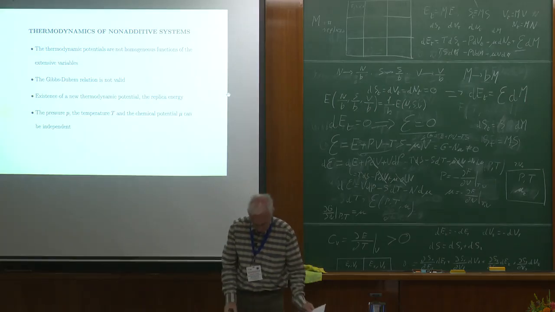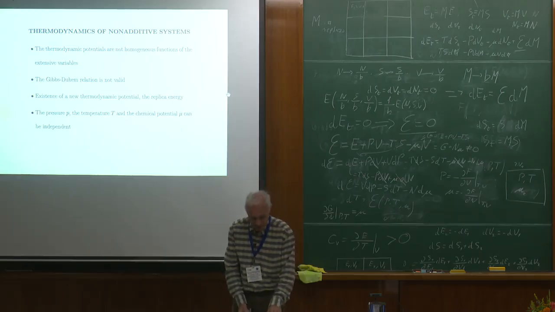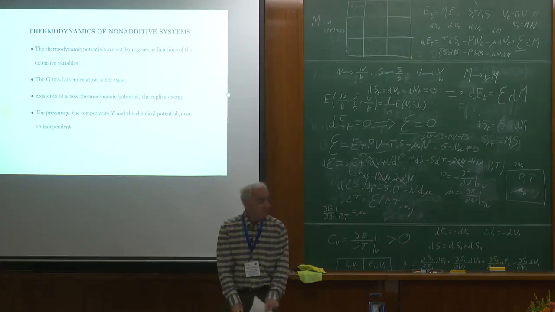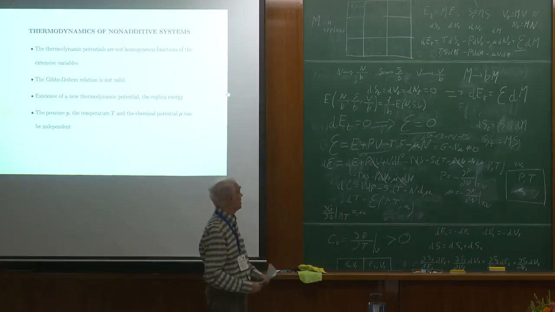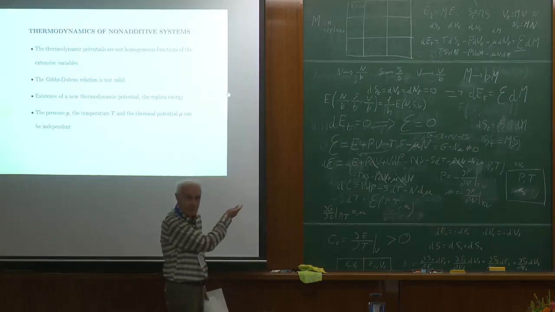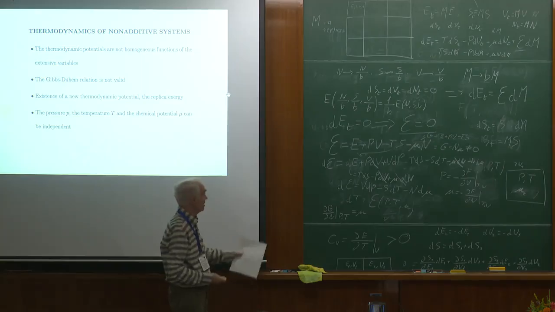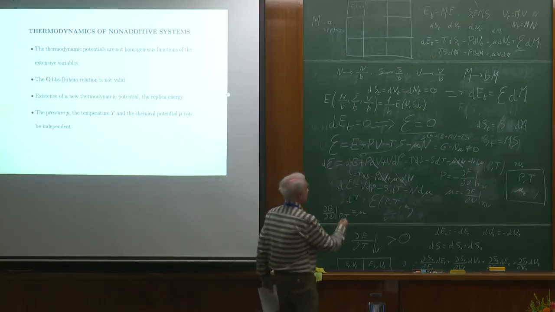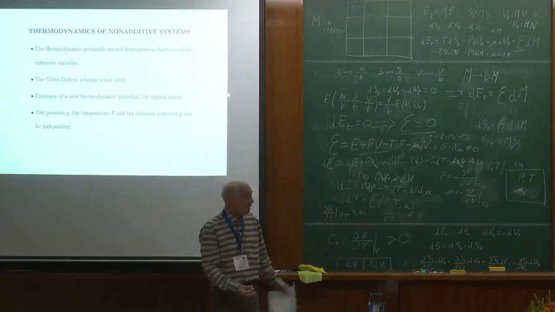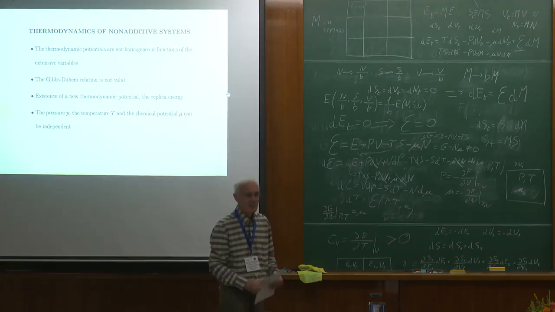So why do you call it replica energy? I don't know. Because the mental construction was doing replicas. Why do you do that mental construction? Because it seemed to us to be an easy way, as you see, the mathematics is trivial, it's elementary, to arrive at this point that this is different from zero. Of course, you can compute it. Otherwise, it's hard to write a differential formula.